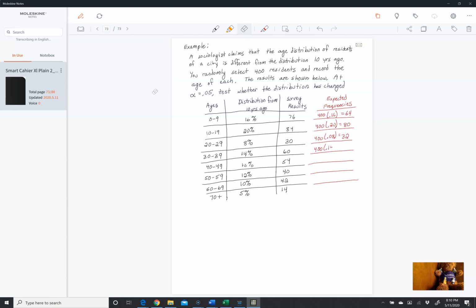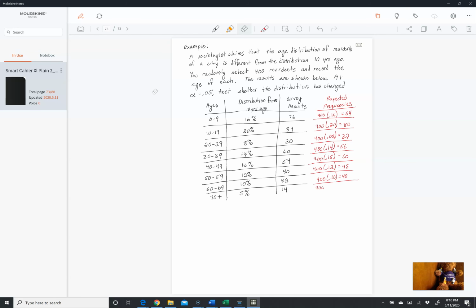400 times 0.14. We get 56. 400 times 0.15. We get 60. 400 times 0.12. We get 48. 400 times 0.10. We get 40.